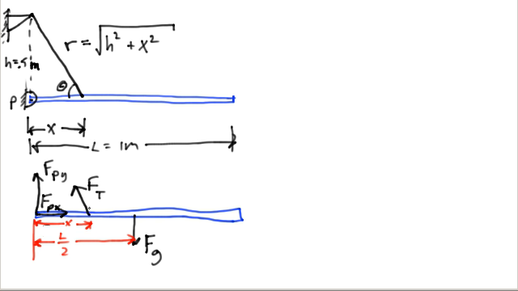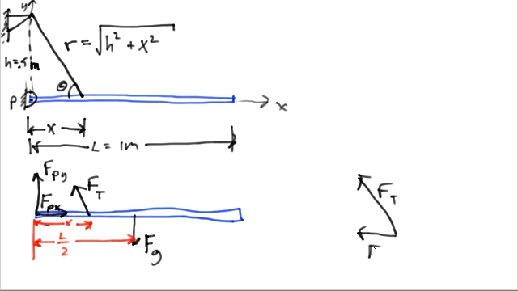Alright, I got one vector up at an angle, so I got to do a vector component diagram for it. So there's FT. I'm going to use a coordinate system in which X is to the right and Y is up.